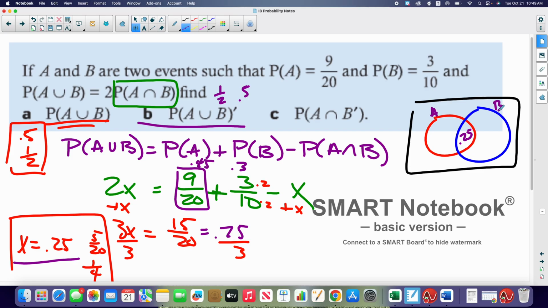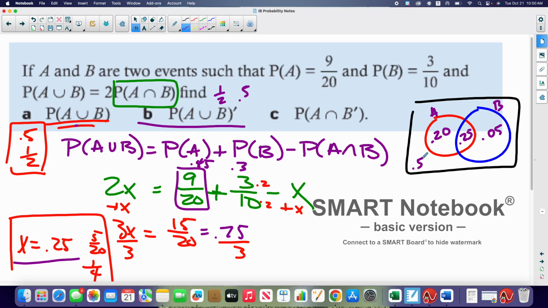Well, if 0.3 goes in the blue circle, and I've already put 0.25, then what's left? 0.05. That adds up to 0.3. A is 9/20ths, but we said it was 0.45. If I already assigned 0.25, then this is 0.20. If I added all of that up, which is what answer A is, that's 0.5. That's a half. Now, the probability of not being in the figure 8, that's everything in the box but outside the circles, that is 0.5. 0.5 would go there.